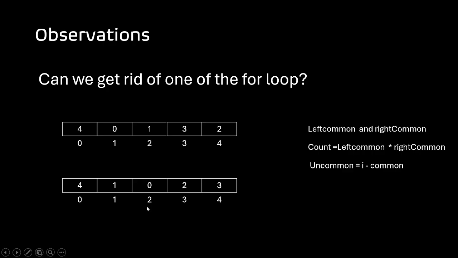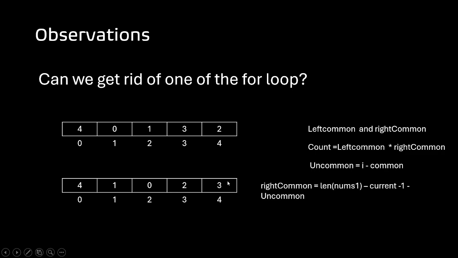And so what I want you to understand is this formula. My right common elements will be len nums1 minus current. Actually this has to be nums2, but the length is the same.